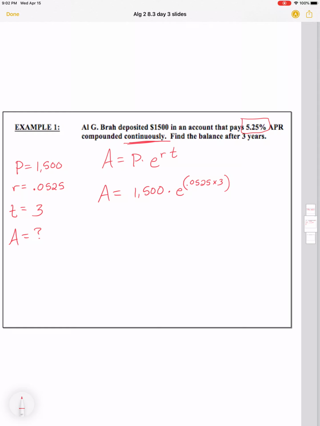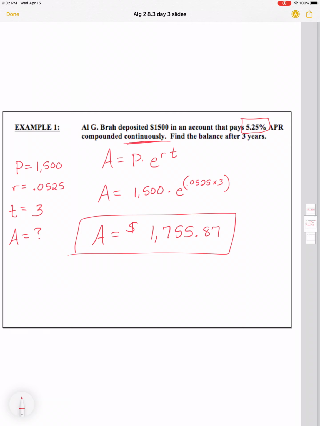Okay, so when you use the computer calculator, that's the easiest one I think for this. You're going to put parentheses around the r and the t. And when you type this in, you should get $1,755.87. So after 3 years, it went up by about $255.